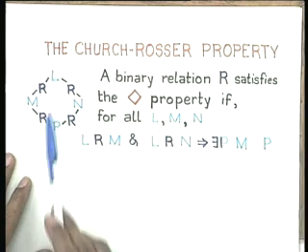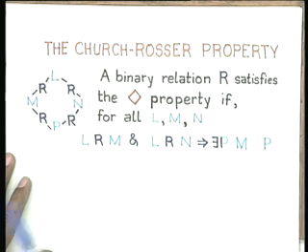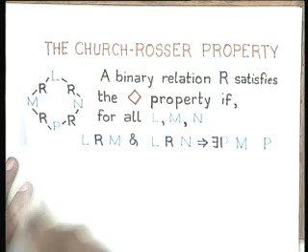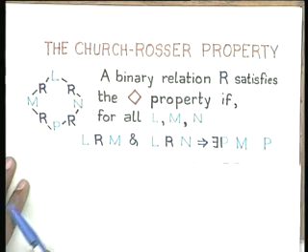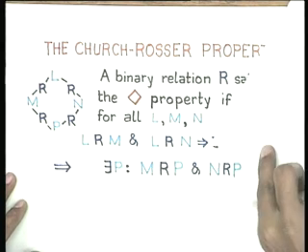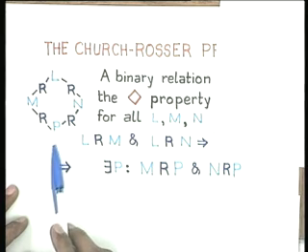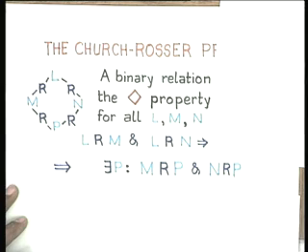That means for all L, M and N, whenever LM belongs to this relation and LN belongs to this relation, if it is guaranteed that you can find a P such that M and P are in this relation and N and P are also in this relation, then you would say that this relation satisfies the diamond property.